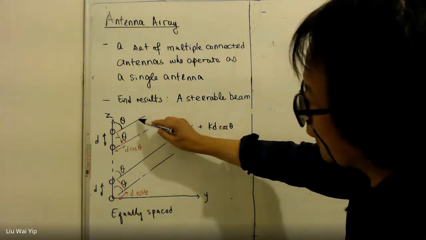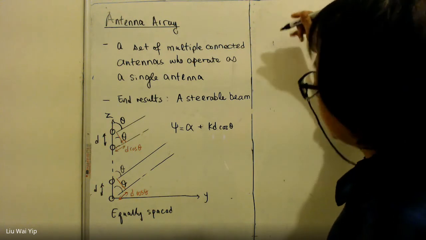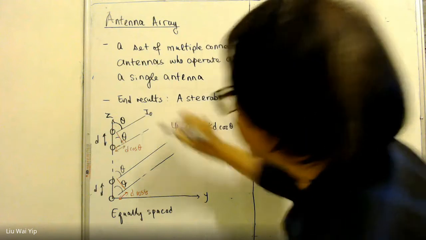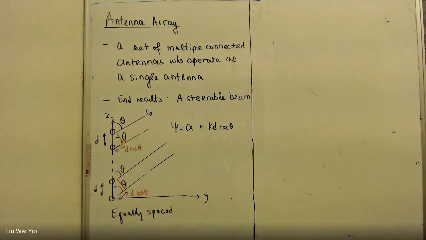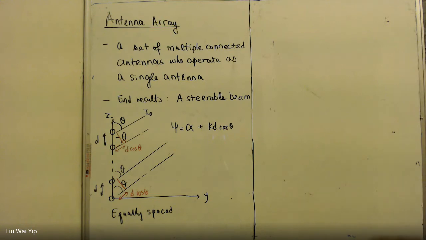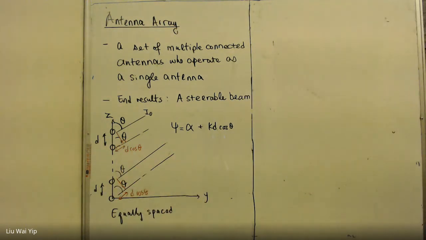The first one here will end up with an electric field, say I naught. We don't know what I naught is. I naught can be a constant. It can be a function dependent on the direction.